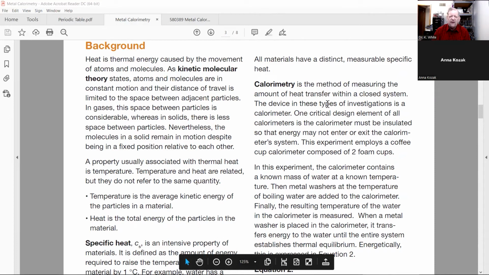Some of the calorimeters, like at the National Bureau of Standards, cost tens of thousands of dollars. And they're very well insulated. Our calorimeter does not cost tens of thousands of dollars. It's an insulated styrofoam cup.